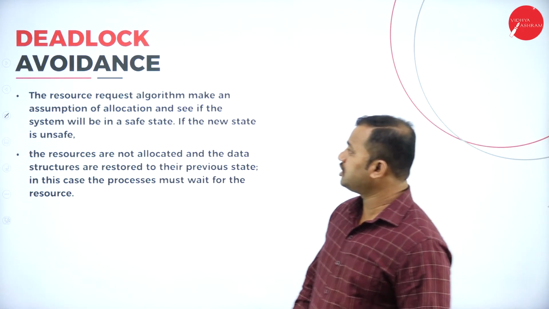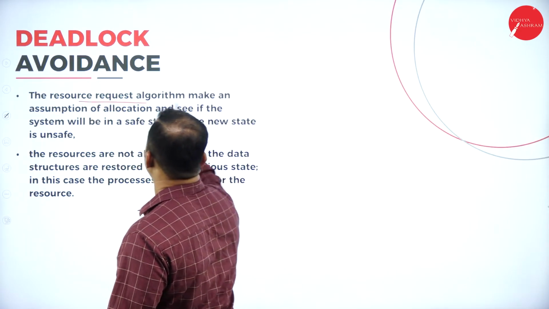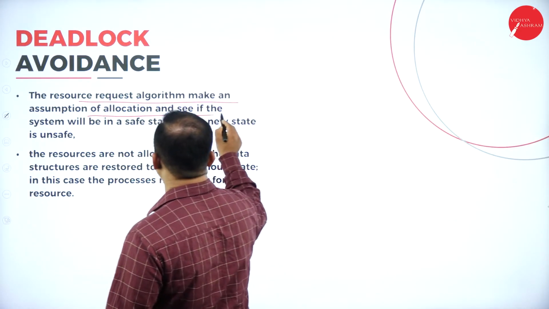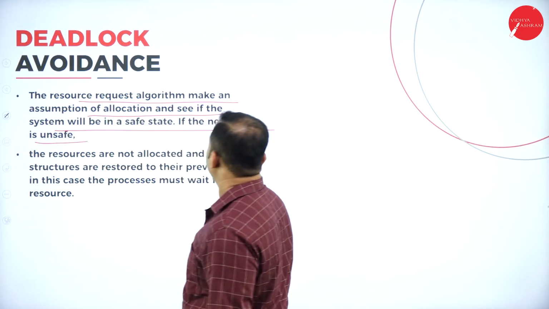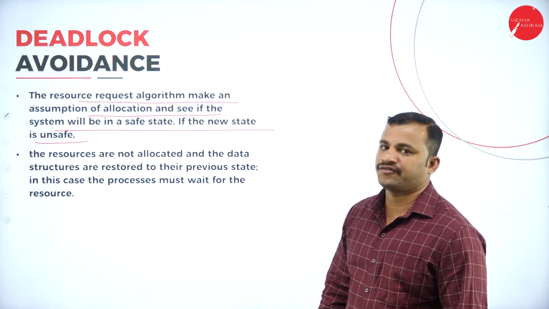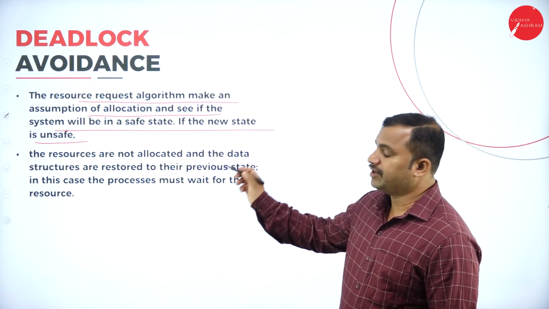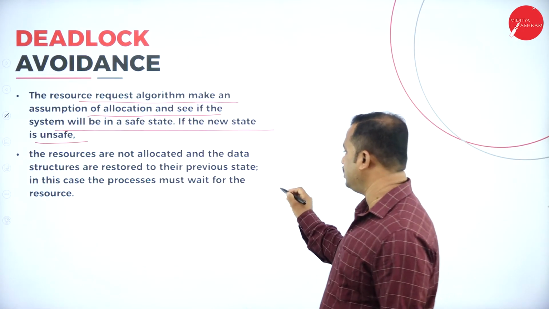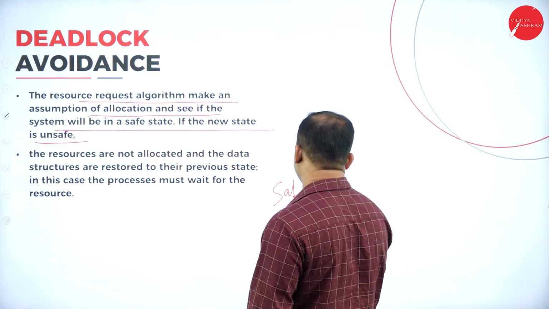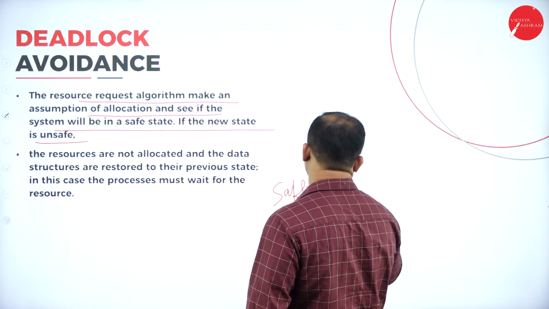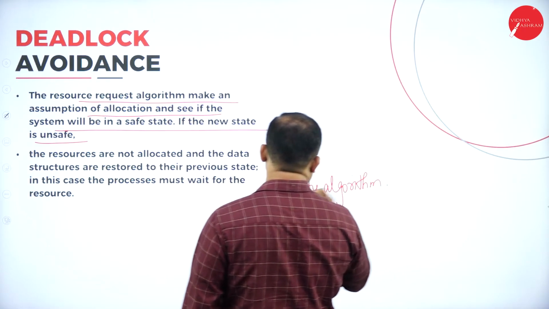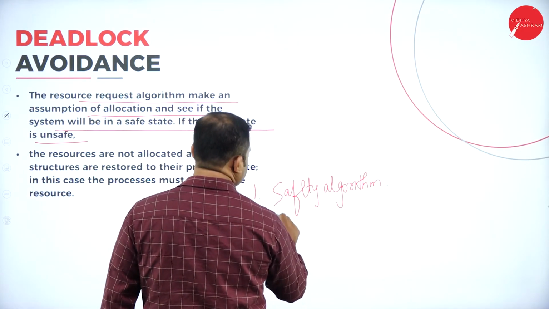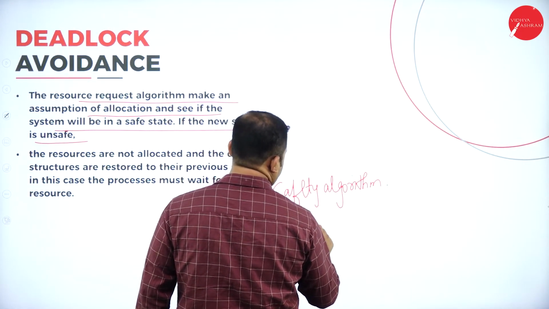Then the resource request algorithm makes an assumption of allocation and sees if the system will be in a safe state, or if the new state is unsafe. We have 2 different types of algorithm. One is the safety algorithm. The second one is the resource request algorithm.